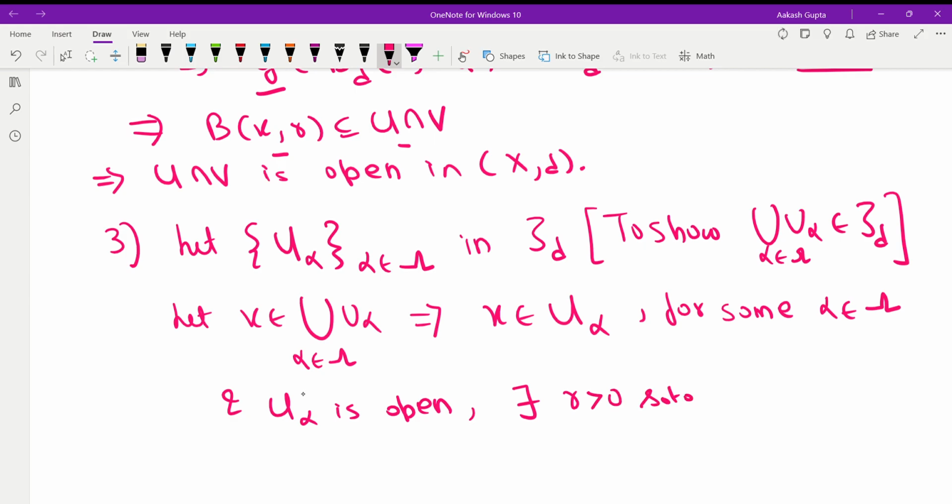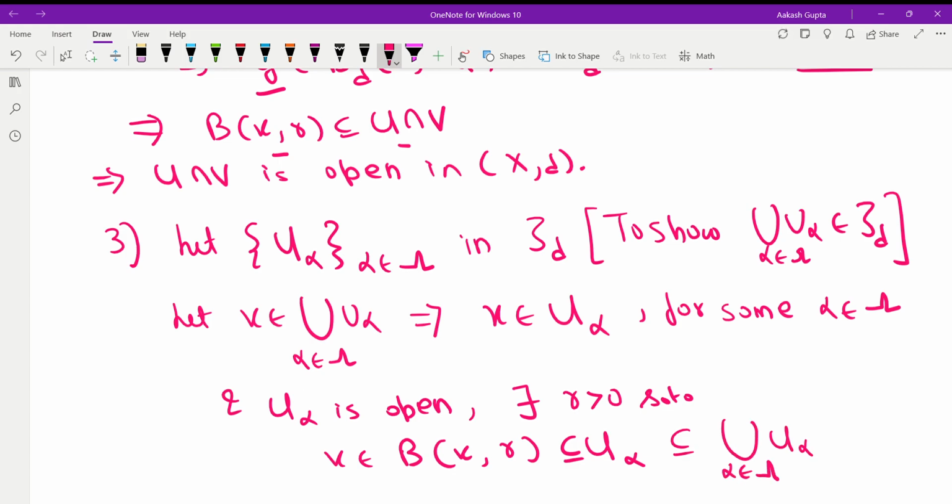So you know what will happen. So I'm just writing it. The ball is contained in U alpha, right? U alpha is contained in, of course, the union of all U alphas. I again said, if you are confused by this alpha, you can take in place of this, say, beta also.